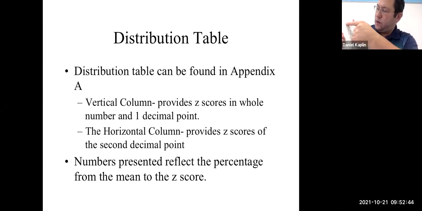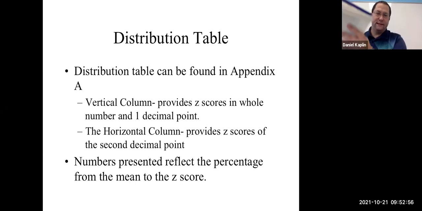And if we go across, it's units of 100ths of a point. So going down, we have the whole number and the tens place. Going across, we have the 100ths place, or the second decimal point.